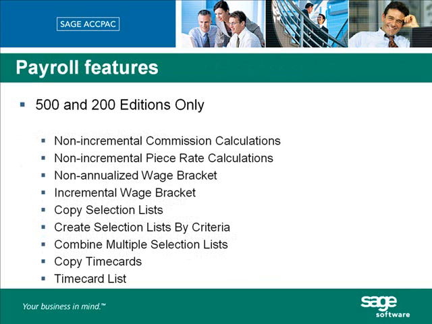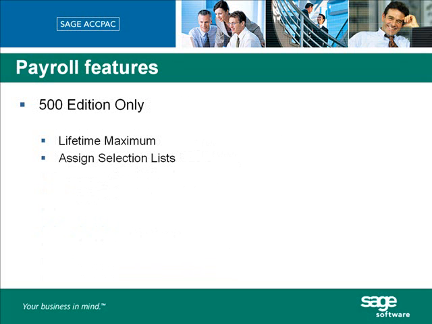Similarly, in the payroll module, there are features that are only available in editions 500 and 200, and those that only come with the 500 edition. Once again, you should choose the edition in consultation with your solution provider.